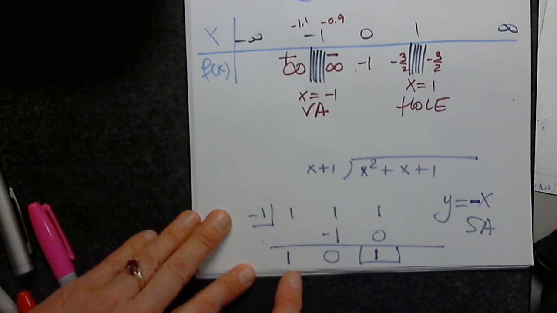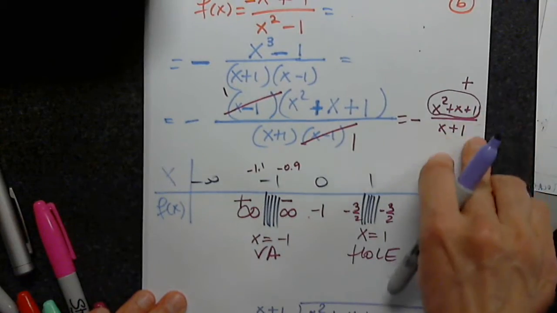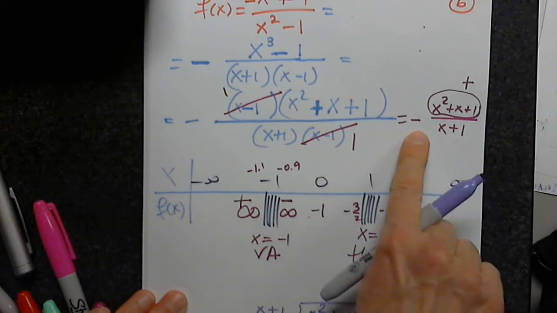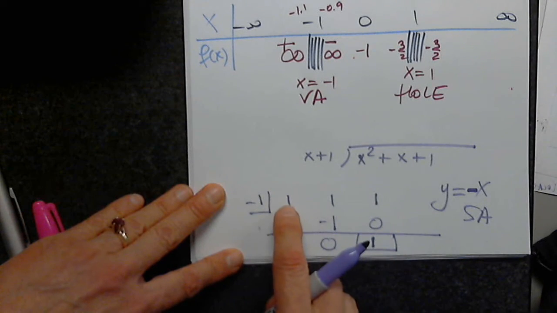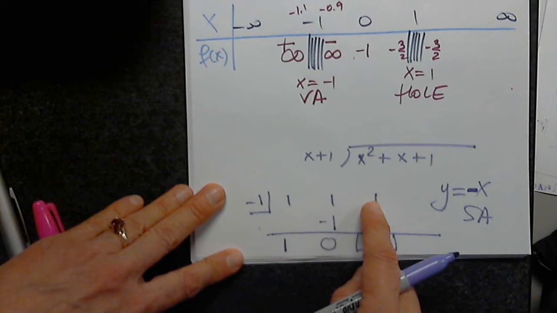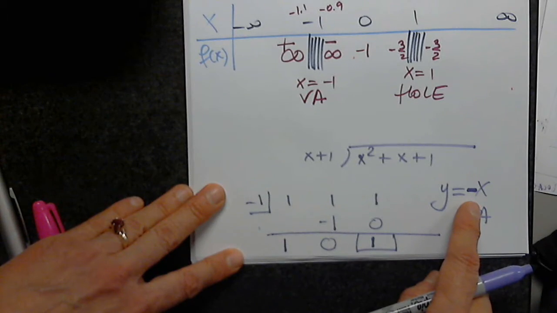Or we go back and correct this one. So I can divide, and when I'm done dividing, I distribute -1. Or when I do the synthetic division, I have to write -1, -1, -1. And then I get the same thing.